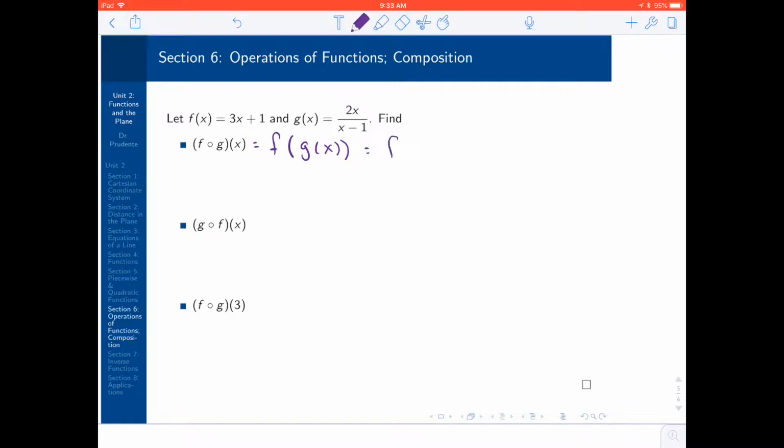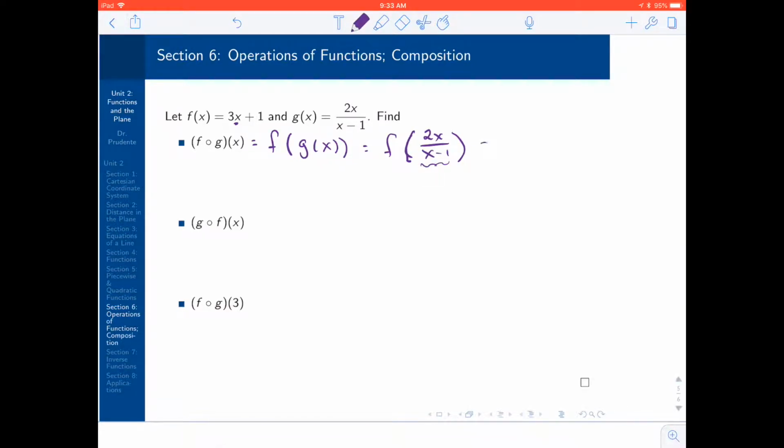That would be f of 2x divided by x minus 1. I want to take the instances of x in f and replace it with that entire quantity. So instead of 3x plus 1, it's 2x divided by x minus 1 plus 1.